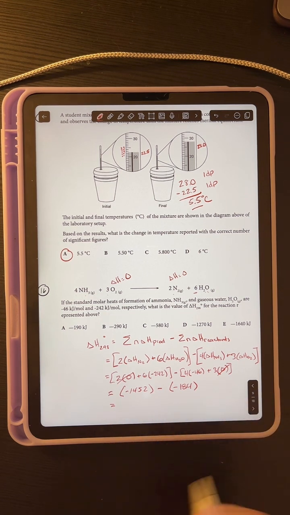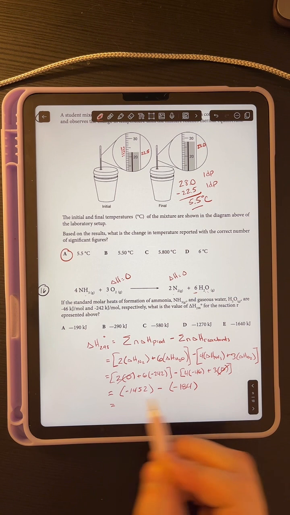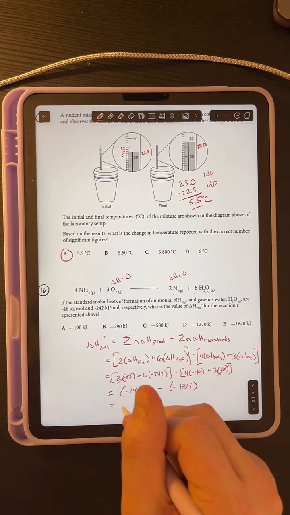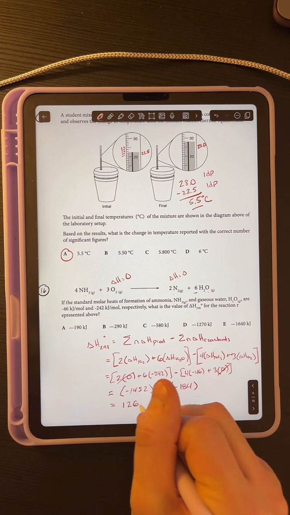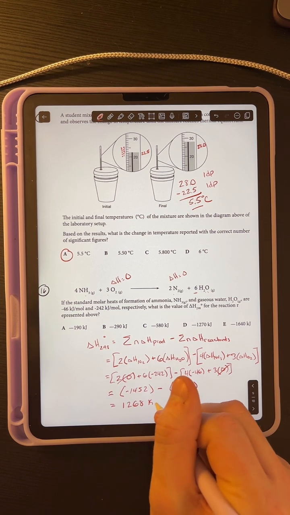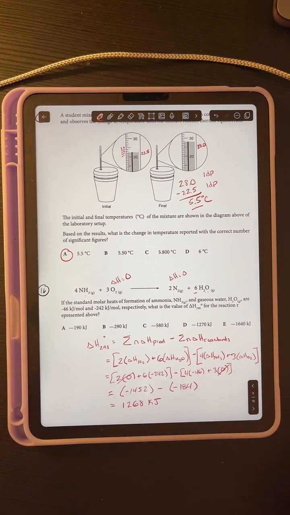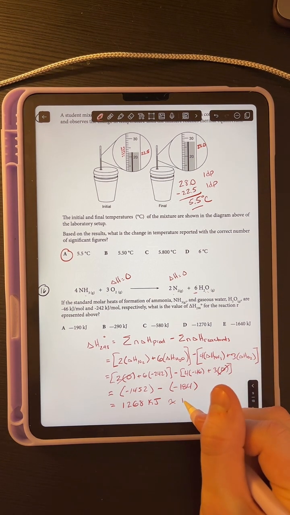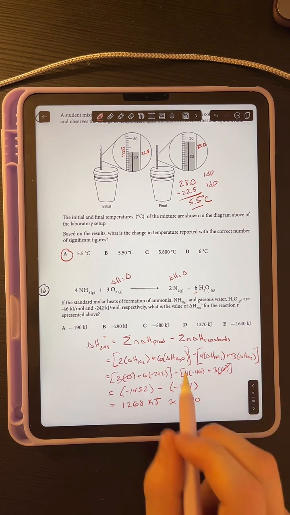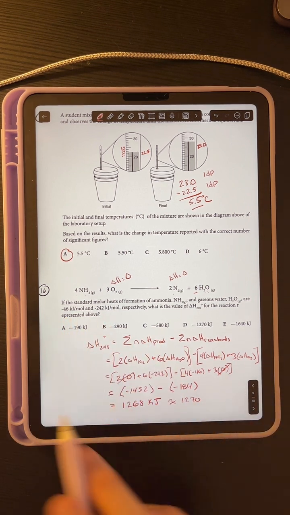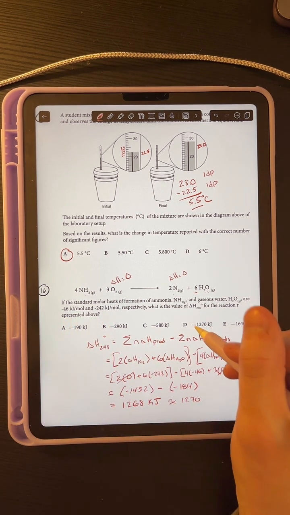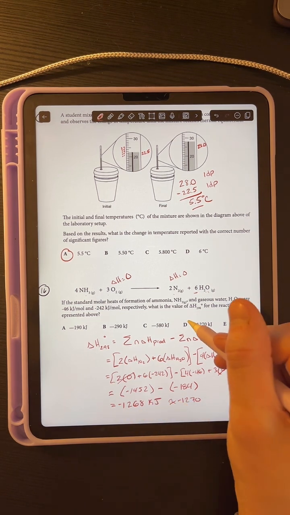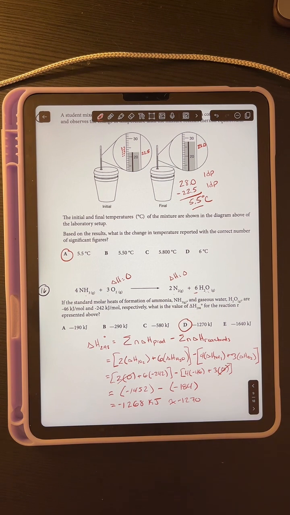So really we're adding those two together, or we're adding 184 to that negative 1452, giving us a value of negative 1,268 kilojoules, which is approximately negative 1,270 if we go based on significant figures and some other things, giving us choice D.